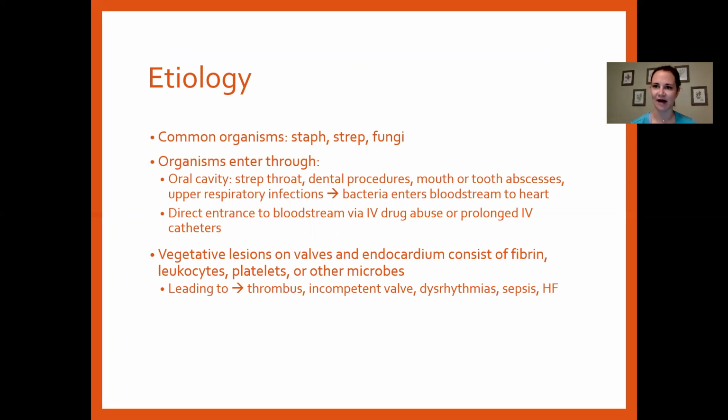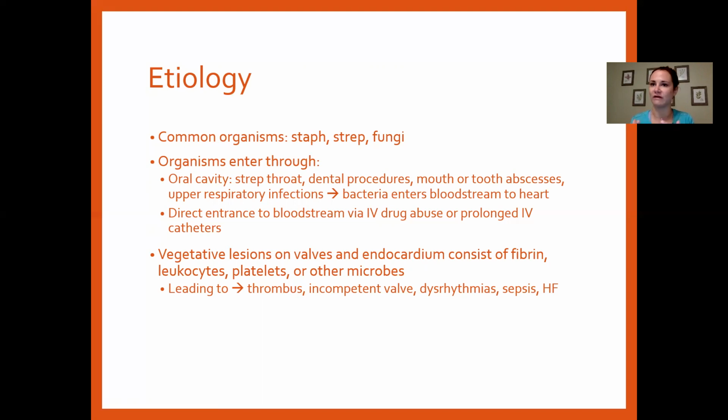What happens here, the patho of infective endocarditis, is that vegetative lesions will form on the valves and within the endocardium, the inner layer of the heart, and they consist of fibrin, leukocytes, platelets, and other microbes. It's an inflammatory process that occurs at those sites, bringing things like fibrin, leukocytes, and platelets.